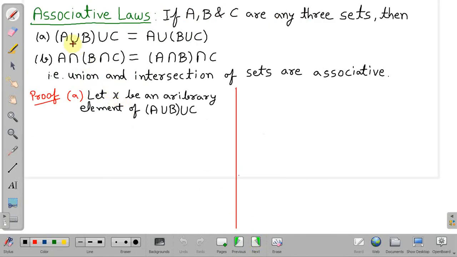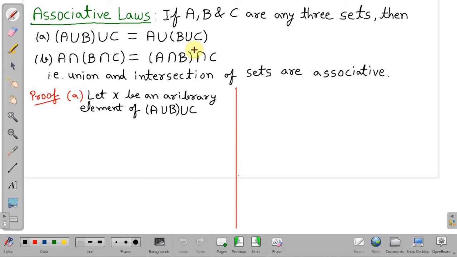So we have to prove (A union B) union C equals A union (B union C). Suppose you have been given two sets X and Y, and you have to prove that set X is equal to set Y. What you have to do?